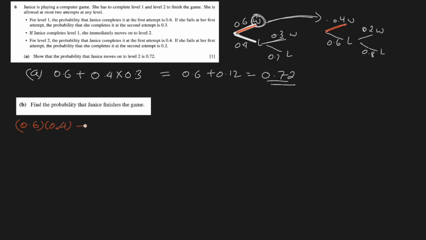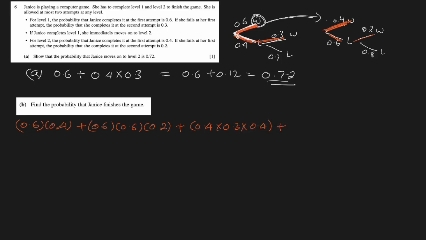Or she finishes the first one but loses the second one and then finishes: 0.6 times 0.6 times 0.2. Third option, she loses the first one, does not go to level 2 first, but then she goes, and then she wins the second level straight away. So 0.4 times 0.3 times 0.4.